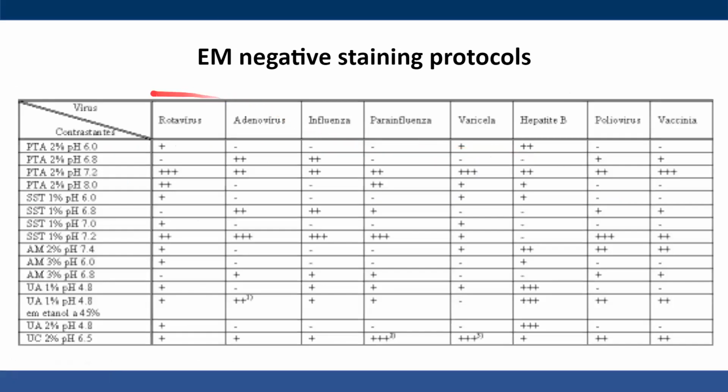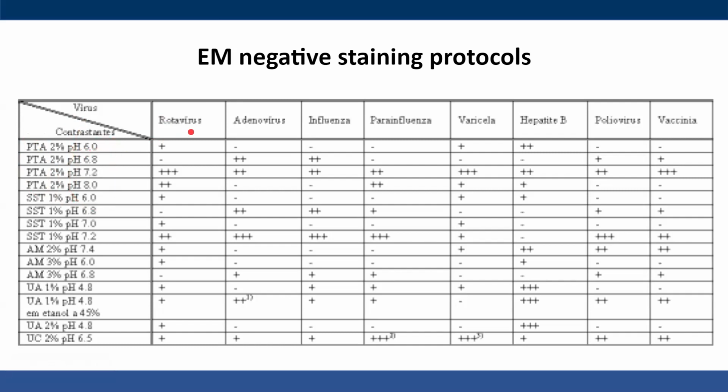So here I brought this table. It's not exactly high definition, and it's in Portuguese, but we can see different virus types and different protocols ranging from the heavy metal salts, different concentrations of them, and different pHs.